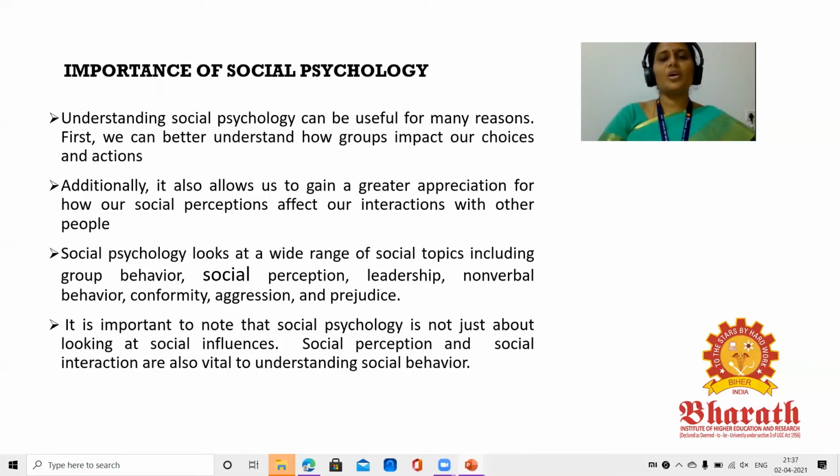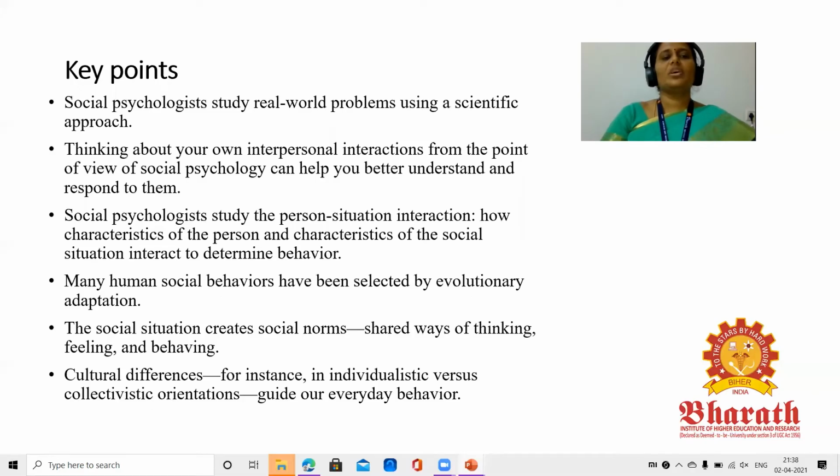You can better understand how groups impact our choices. It also allows us to gain acceptance and appreciation in society, and to play a good role, a leadership role. It helps you in many ways. It is important to know that social psychology is not just about looking at social influences. Social perception and social interaction are also vital in understanding social behavior.